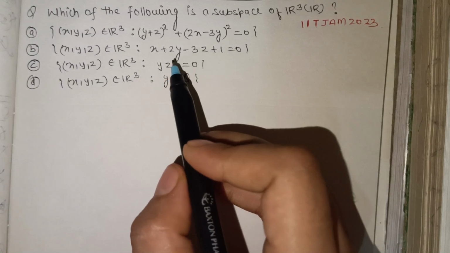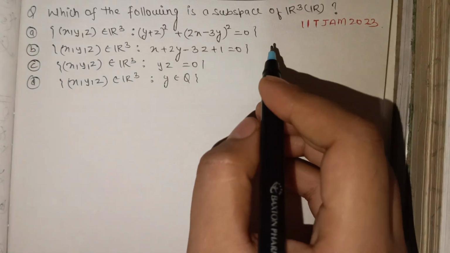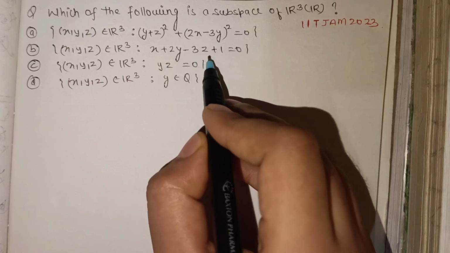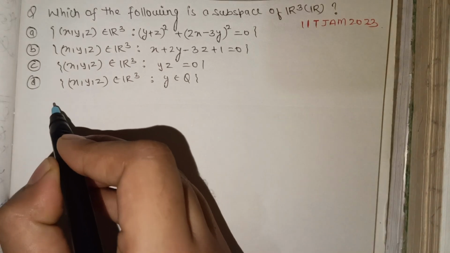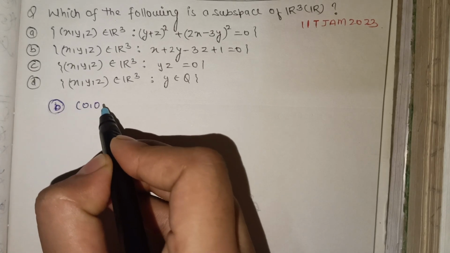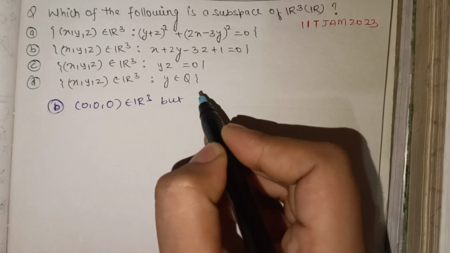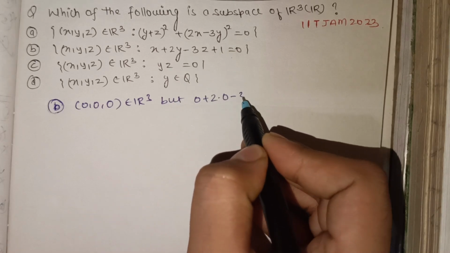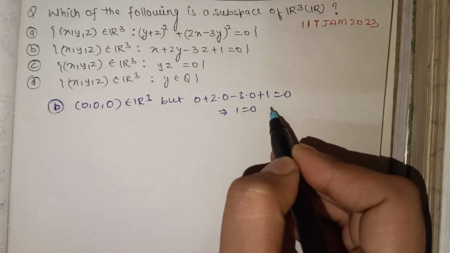So what is the second option? x + 2y - 3z + 1 = 0. If we see this option, we get that 0 does not belong to this set. If we put 0, 0, 0, which belongs to R3, we get 0 + 2 into 0 - 3 into 0 + 1 = 0, which implies 1 = 0.